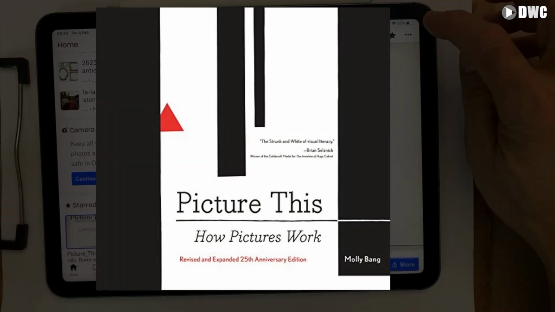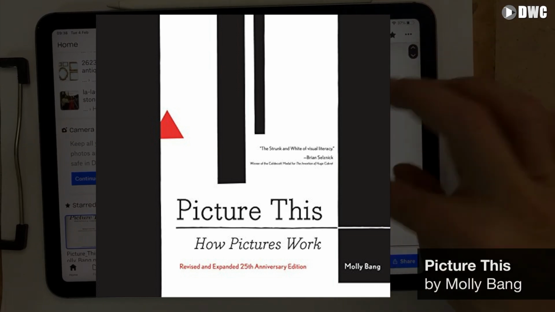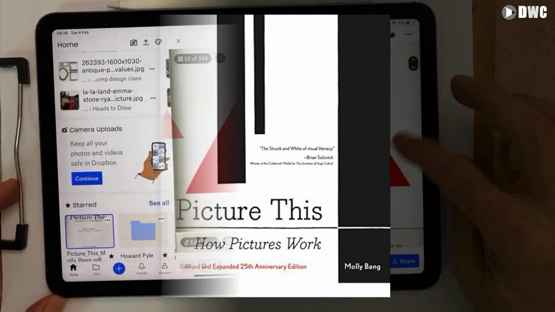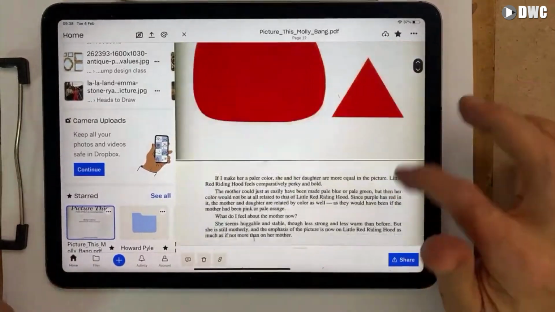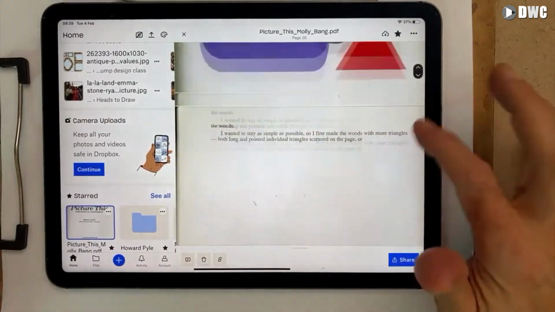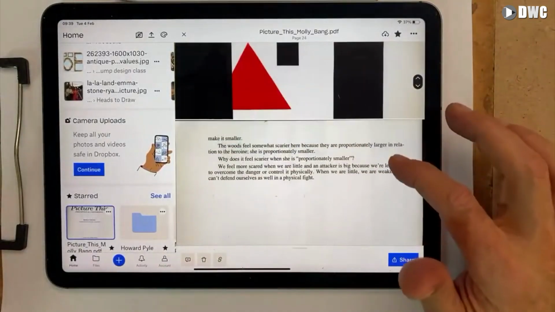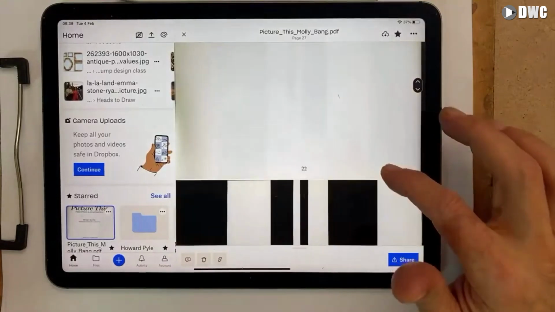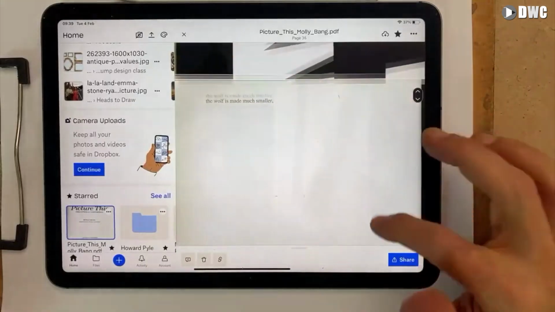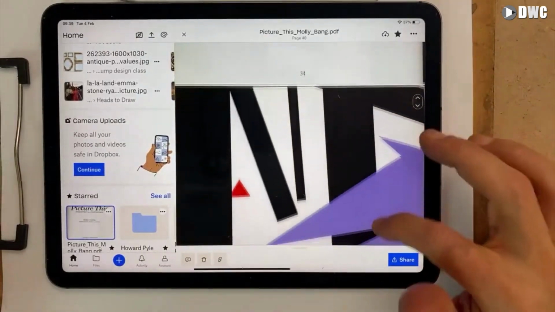A lot of what we're going to talk about today is something I learned from a book called Picture This by Molly Bang, and it's a very easy to read book, and it's very simple. And what I like about it is it talks about something that was introduced to me for the first time, psychology: how these shapes actually trigger old memories and emotions that are buried deep inside every human being. These are all memories embedded in our DNA and our ancestral memory.